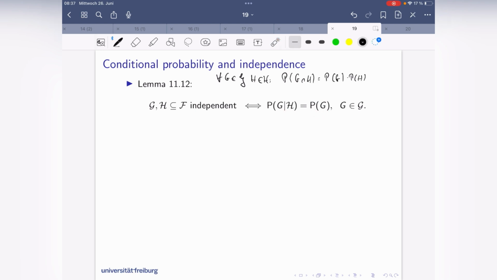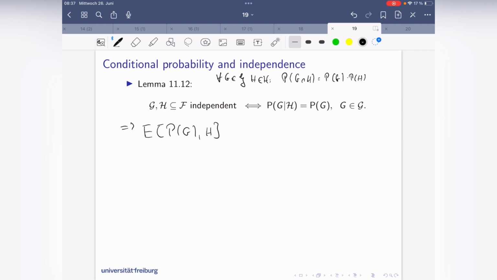Let's try to prove this. And I'm always writing here G is in 𝒢 and H is in ℋ. So first of all, from left to right, they're independent, and I have to show this thing here. There is the defining property of the conditional probability here. And of course, P(G) is also ℋ-measurable, which means if I can show the defining property also for P(G), then I'm done. And the defining property has something to do with the probability of G given some H in ℋ.